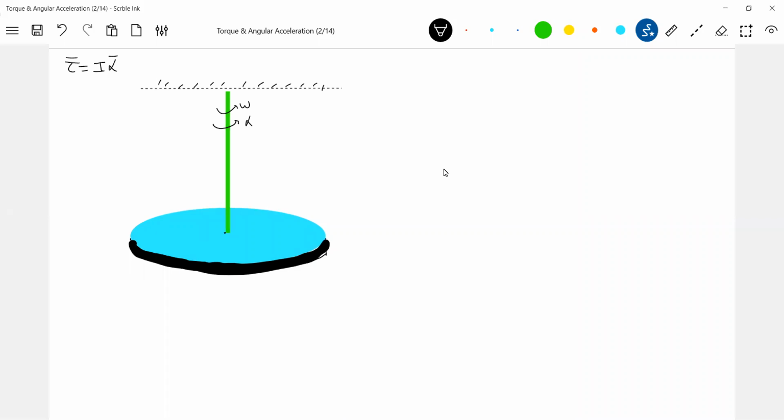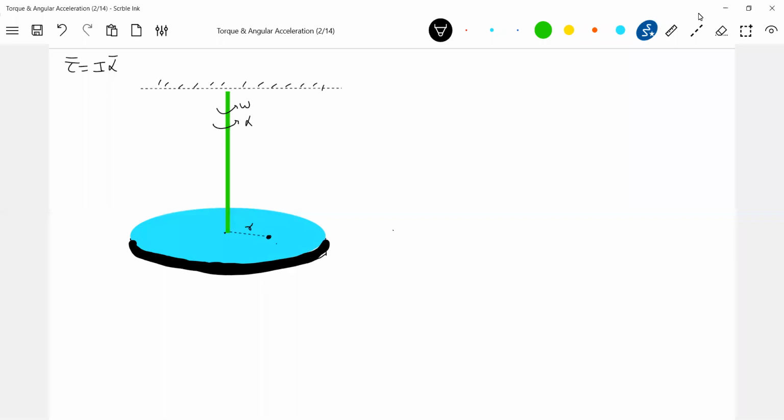So how will this rotate? I think this is quite clear, no? You can apply a tangential force on it and it starts rotating. As it starts rotating, let me take a particle at a distance r.